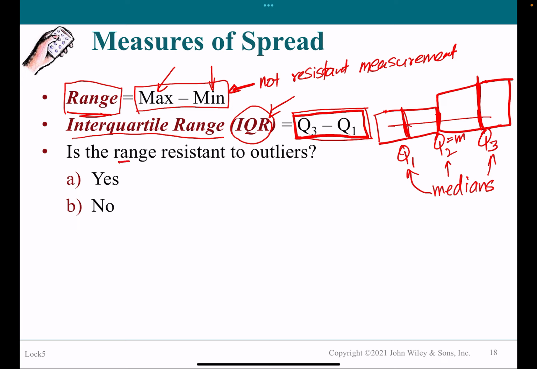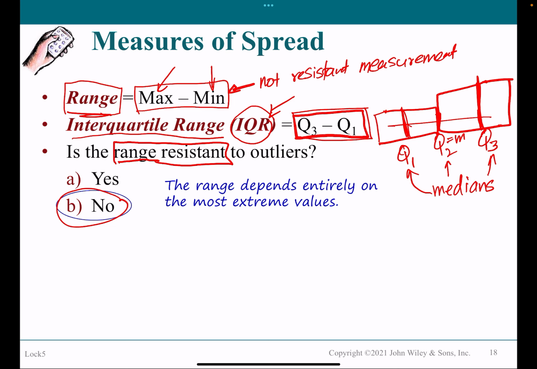This example asks, is the range a resistant measurement, or is the range resistant to outliers? You all know the answers. Range, no. The reason is minimum and maximum are just observations, and observations can be outliers. So range is not a resistant measurement.